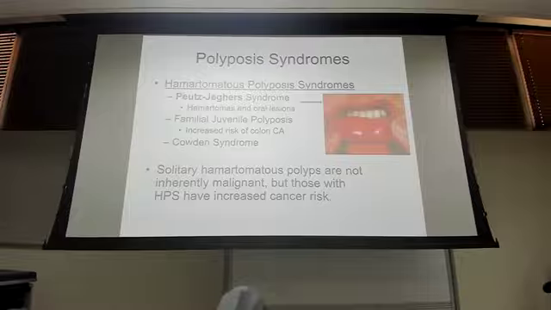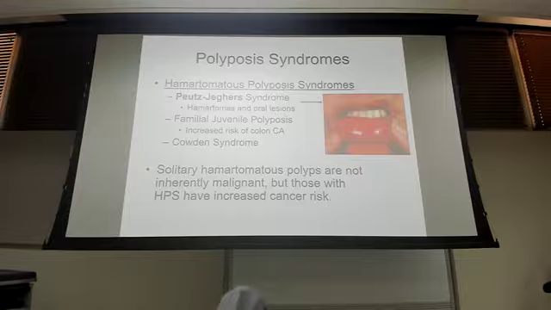Another disease process, hereditary, under the hamartomas polyposis syndromes is familial juvenile polyposis, and these folks have increased risk of colon cancer as well. And then the third disease process under hamartomas polyposis is Cowden. Rare genetic disorder, once again, hamartomas, that's why they're in this category, and they also have risk for numerous other cancers.